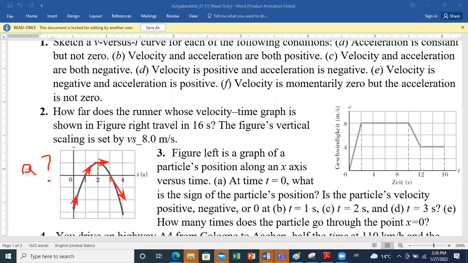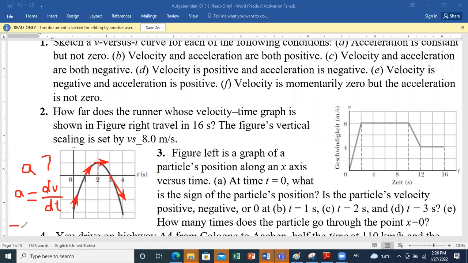We look at the shape of the curve, the parabola, right? Exactly. We need to look at the concavity of the parabola or of the curve. You know that A is dv by dt. A is the first derivative of velocity with respect to time. Now, if I talk about x with respect to time, A is the second derivative of x with respect to time.